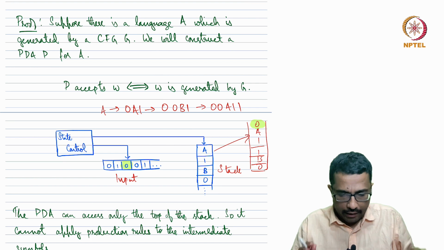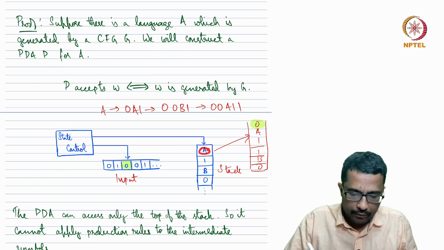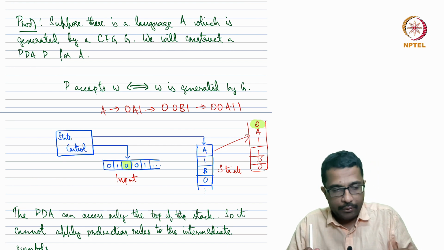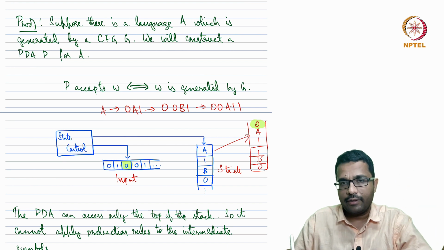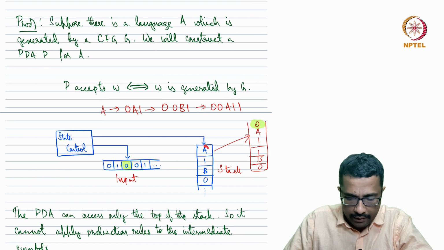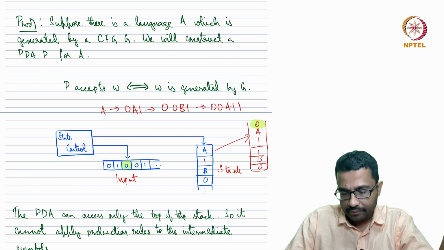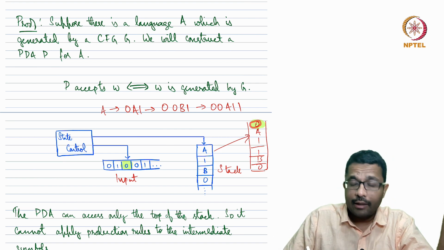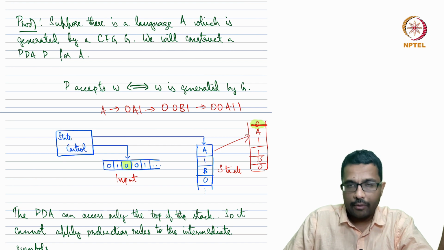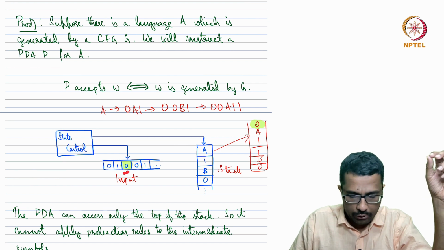So there are two things that I mentioned here. One is if you have a variable at the top of the stack, you have to remove the variable and replace it by some rule of the grammar. If you have A here, you look for a rule in the grammar where A is replaced by something. This is the first thing. And if you have a terminal on the top of the stack, then you check whether the next symbol of the input is also the same.